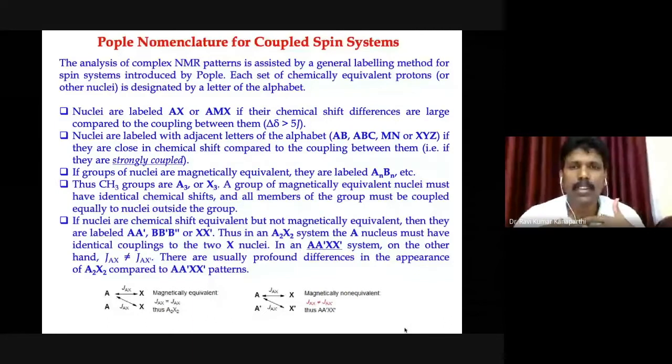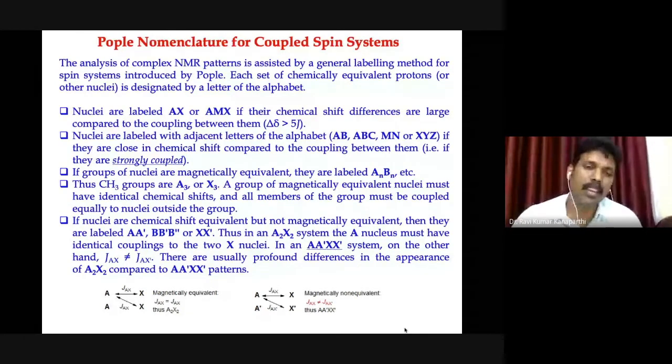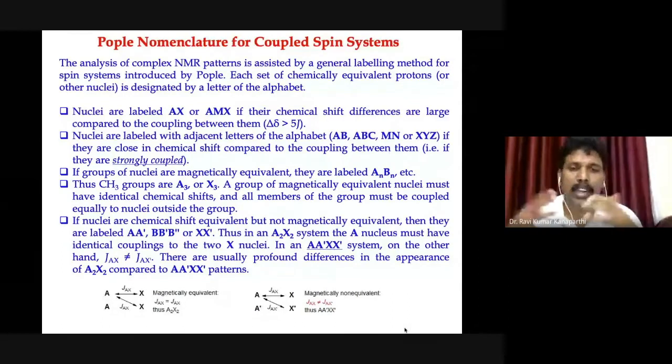We also come across different spin systems: AB, ABC, MN, XYZ, A3, X3, AA', BB', A2, X2, AX3. These are the varieties of spin systems that we can come across when studying the NMR spectrum. That is the nomenclature of Pople notation.